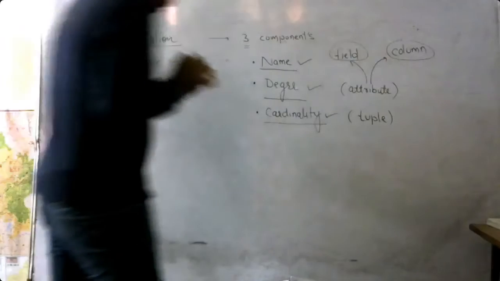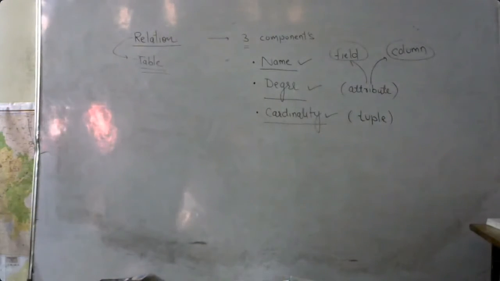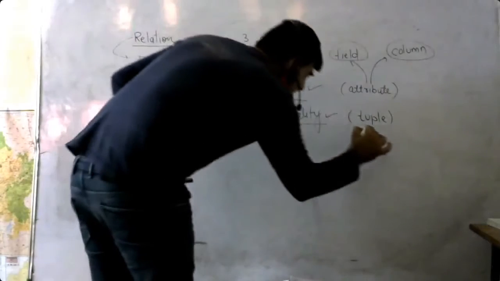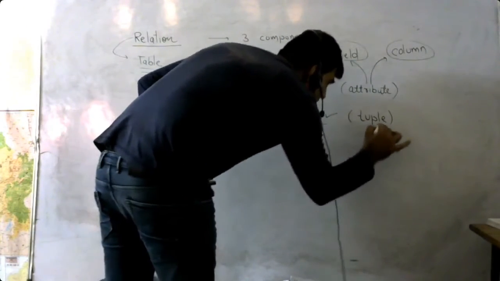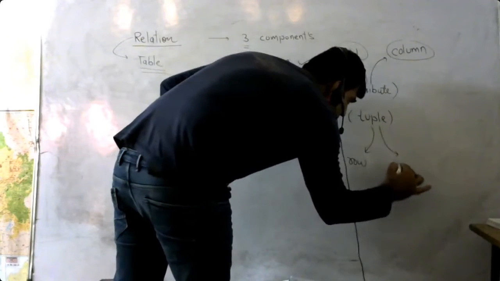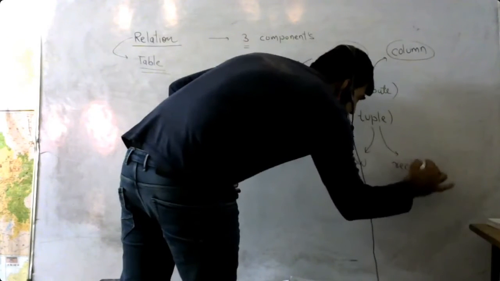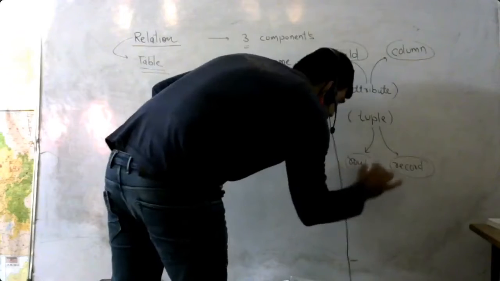Field or column, both are other names for the term attribute. And whenever I say the term tuple, it means row or record.